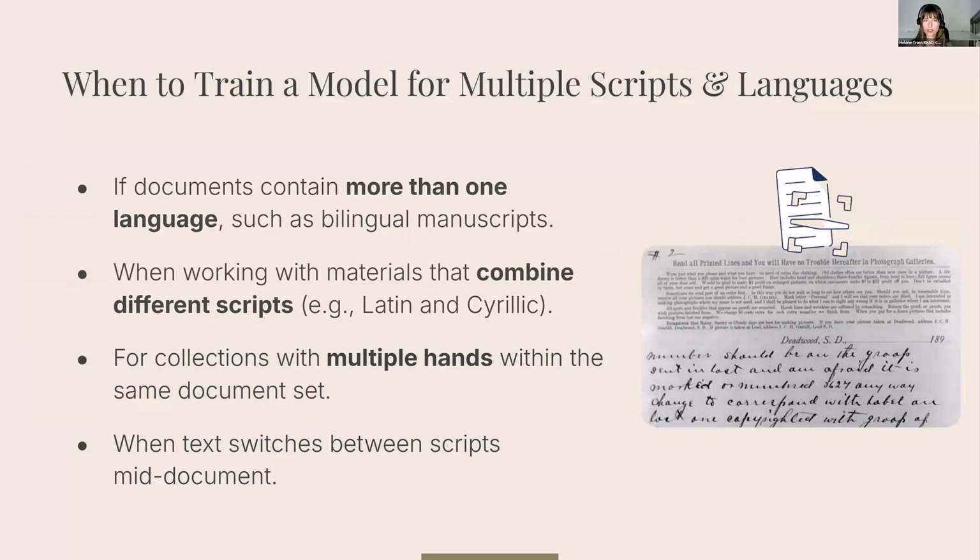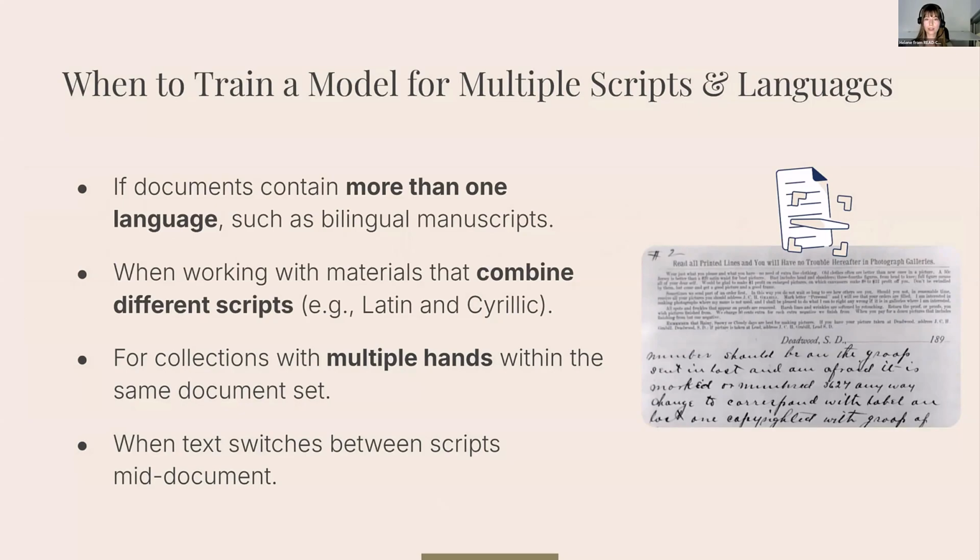The first is, of course, if your document contains more than one language, such as a manuscript that is bilingual or even has 3 languages in there. But mostly this is necessary if you have materials that have different scripts.